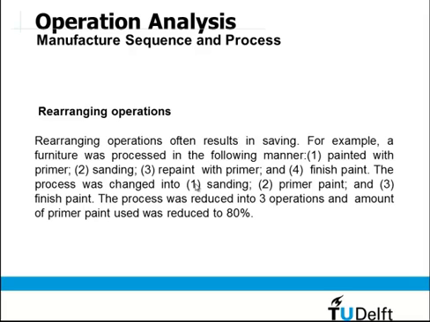We can rearrange these operations to save operations or eliminate some operations. We can rearrange in the first manner: sanding, primer paint, and finish paint. We have noticed the process was reduced into 3 operations only instead of 4.